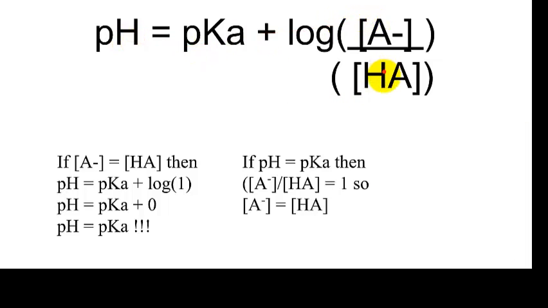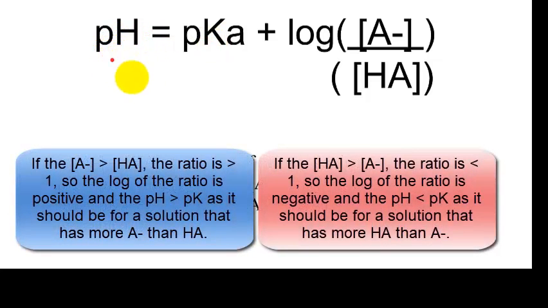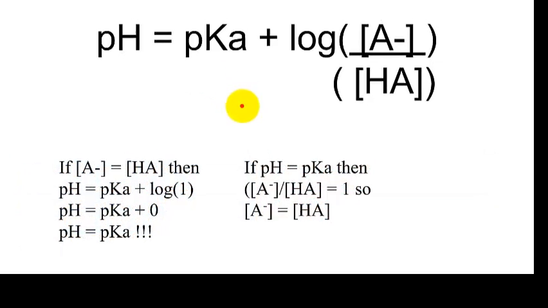No, because the concentration of the conjugate acid and the conjugate base aren't necessarily equal to each other just by adding acetic acid into water. In fact, there'll be far more of the acid than of the base, so this would be a number that's way less than 1. So this would be a negative number, and you would subtract some from the pKa, and you would get a pH that is much smaller than pKa, in other words, more acidic than 4.75. It's going to turn out to be about 2, I think, is the actual number.